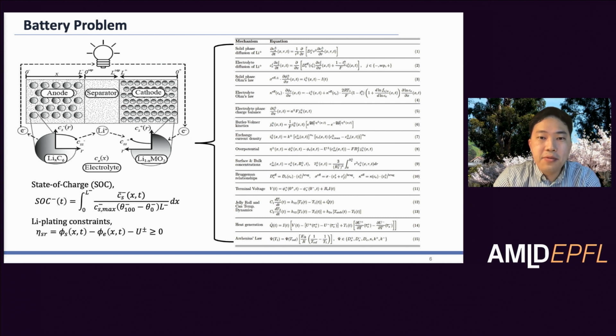So as I said before, we use state of charge as the level of concentration on the anode side. And for the state of health constraint, we use the side reaction potential as a lithium plating constraint, based on this electrochemical model.